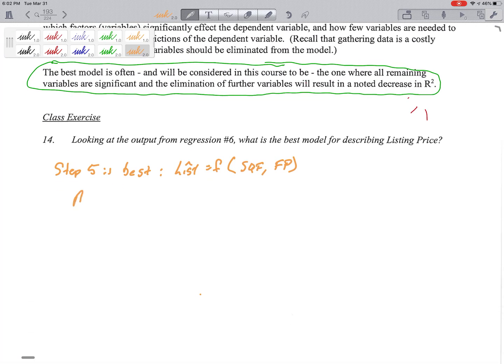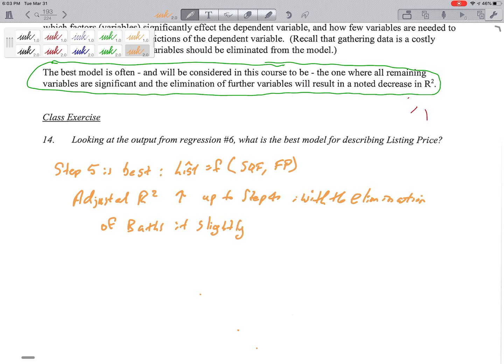The adjusted R squared was rising as we eliminated variables up to step 4. With the elimination of baths, it slightly decreases.